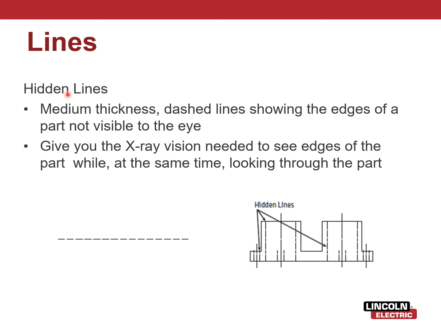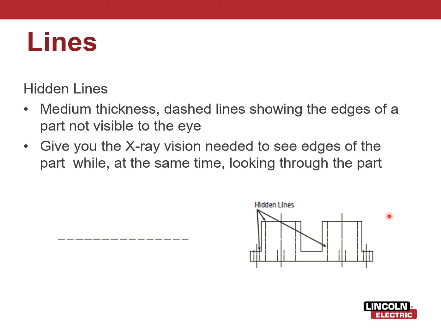The next set of lines is going to be hidden lines. Okay, so these are represented as a symmetrical pattern of breaks in the line, and these identify things that would otherwise be unable to be seen by your eyes. So it gives you the X-ray vision needed to see edges of the part while at the same time looking through the part.